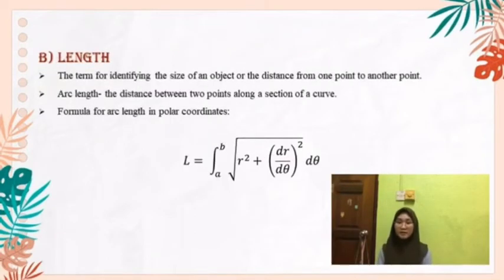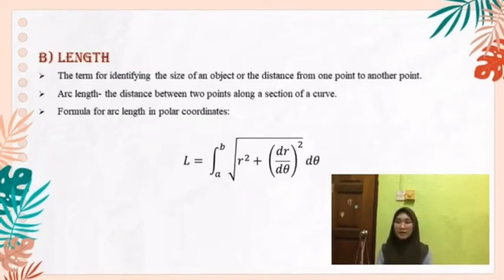Second is length. Length is the term for identifying the size of an object or the distance from one point to another point. It is a measure of how long an object or distance is. The different units of length are meter, millimeters, centimeter, and kilometer.